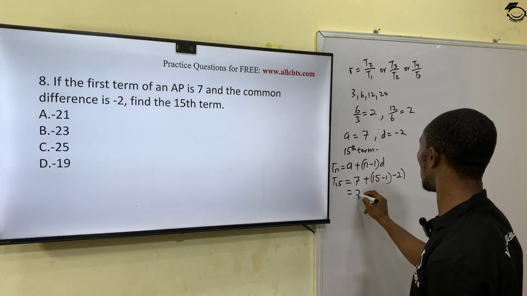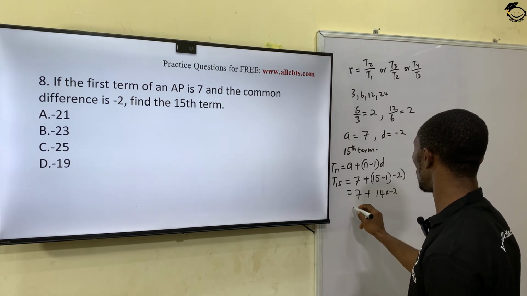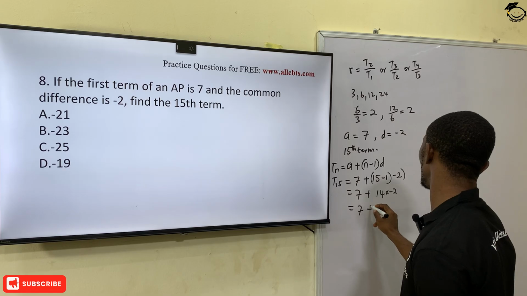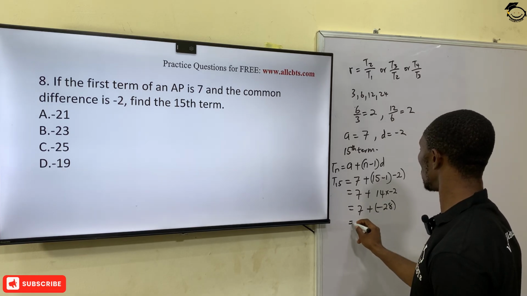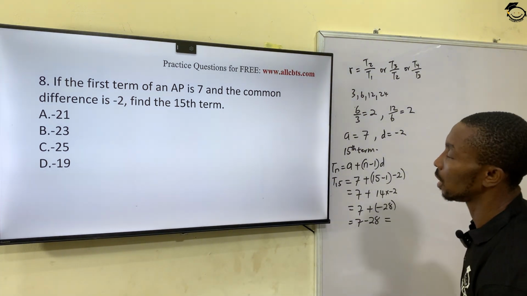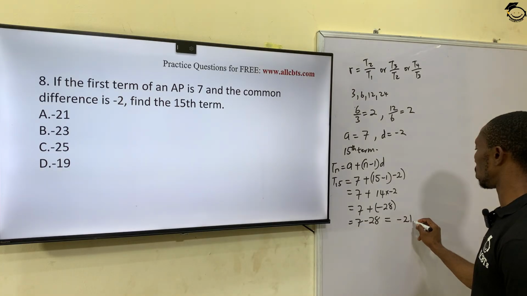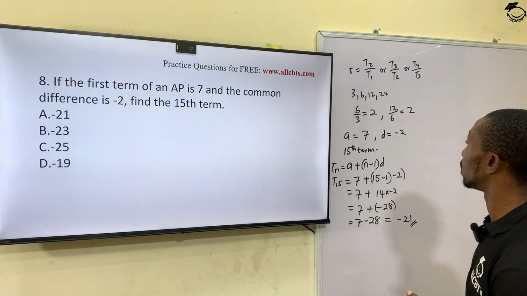This gives us 7 plus 14 times minus 2, which gives us 7 plus minus 28, which is 7 minus 28. 7 minus 28 will give us minus 21. So our answer would be minus 21.